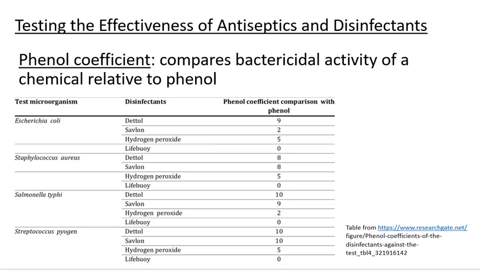And effectively what you do is you take your test cells and you put them into a test tube with your chemical that's diluted in water, and you let it sit there for 10 minutes. Why 10 minutes? Because that's what somebody decided on doing to keep it a standard thing. And then you take that and you plate some of that solution with your cells onto your culture media and spread it out.